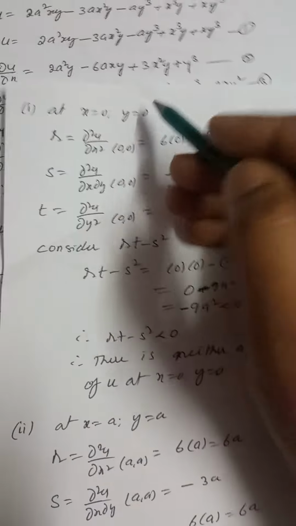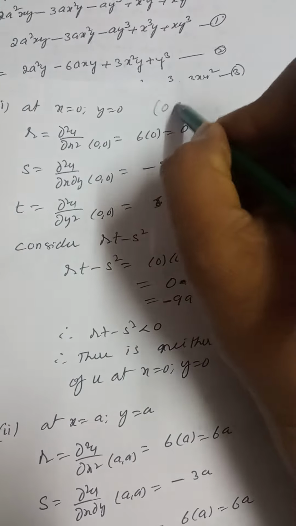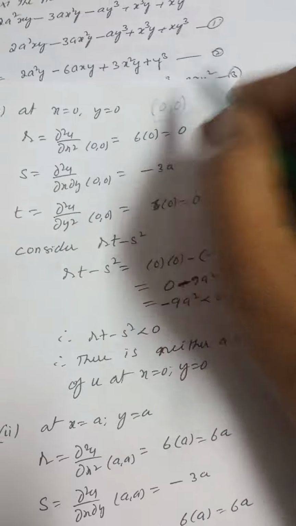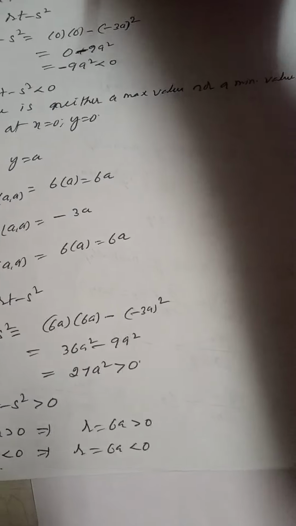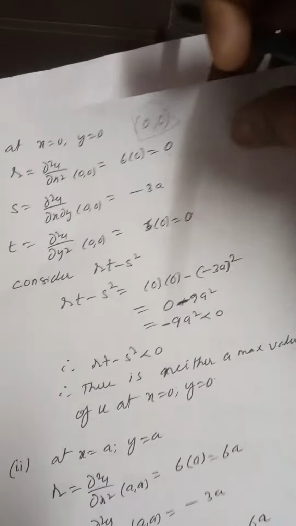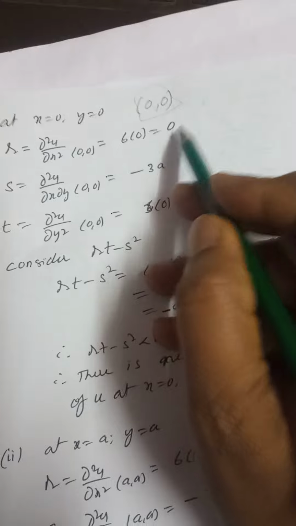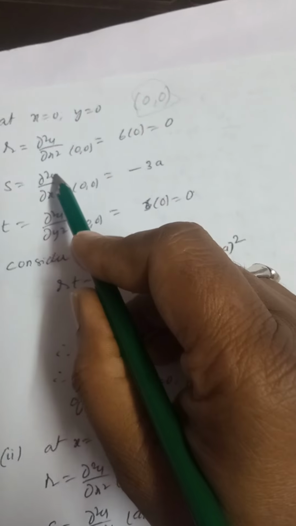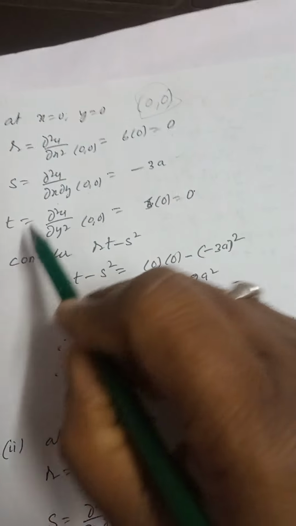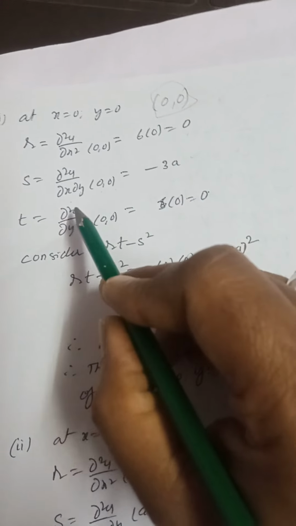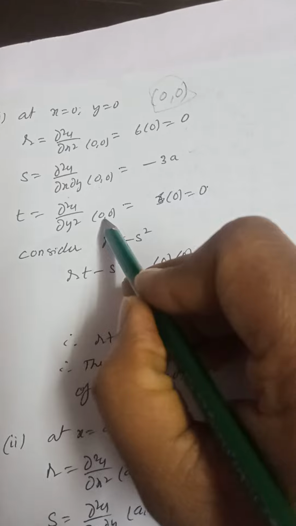Now see, at x = 0, y = 0, that means at the point (0, 0), what is the r value? ∂²u/∂x² at (0, 0) is 6 into 0, which is 0. s = ∂²u/∂x∂y at (0, 0) is −3a only. t = ∂²u/∂y² at (0, 0) is again 0.